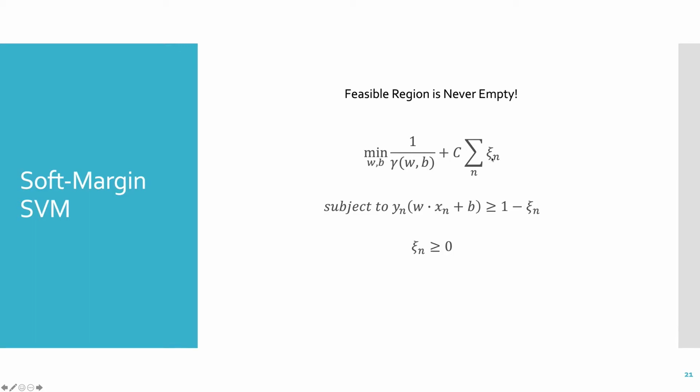But for all our incorrectly classified samples, they're greater than 0. So we want to minimize the number of incorrect classifications. Our constraints are similar. This constraint is, again, we need to get all the samples right, but now we can get some wrong given our slack variables. And all the slack variables have to be greater than or equal to 0.